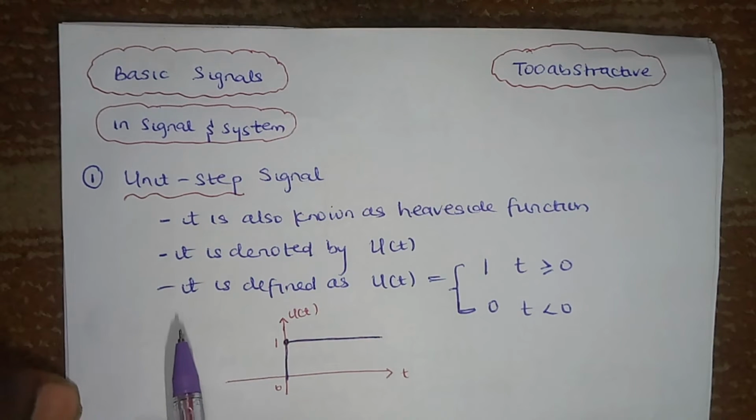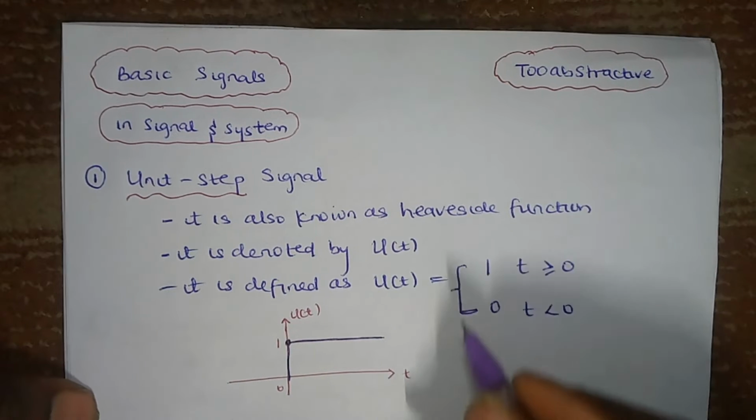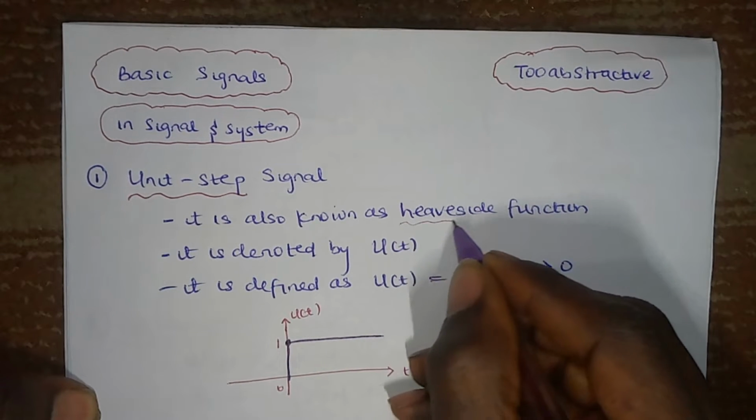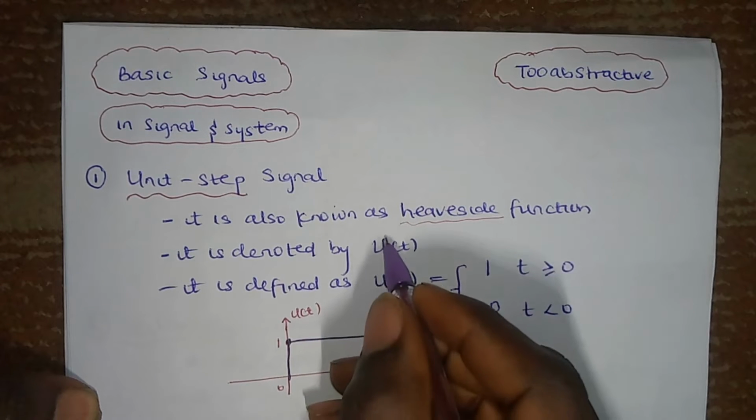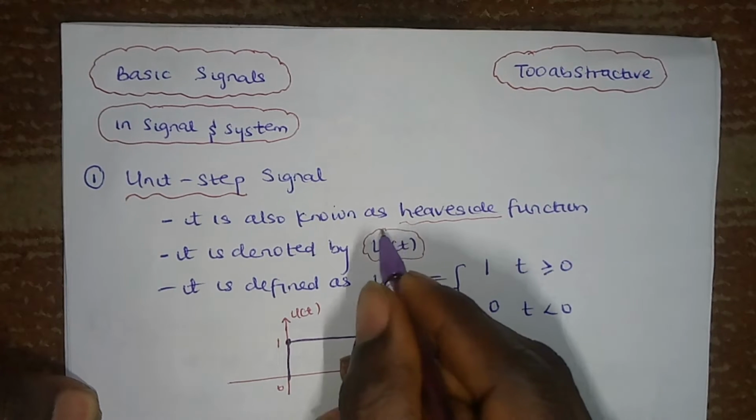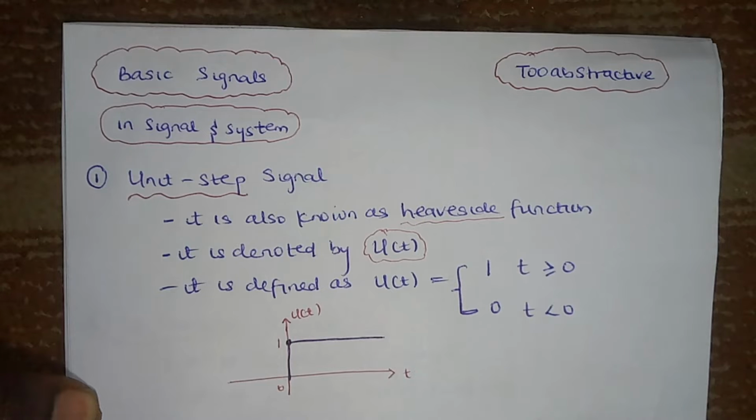The unit step signal is also known as the Heaviside function. That's another name for it. It is denoted as u of t, right? From the name unit, that's for the unit step signal. Now, this kind of signal is defined for a certain region. What is the region?